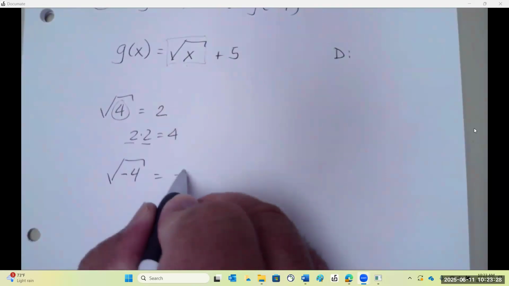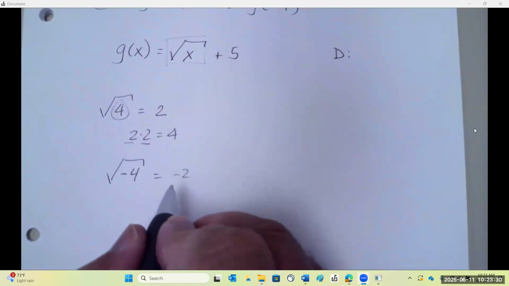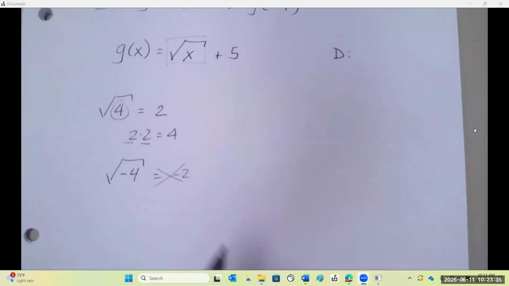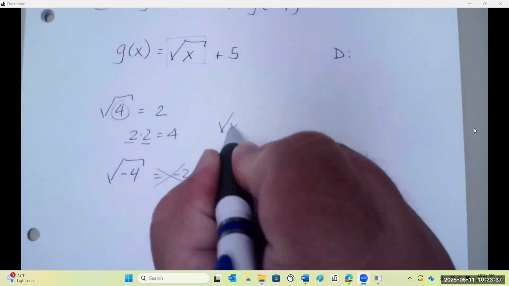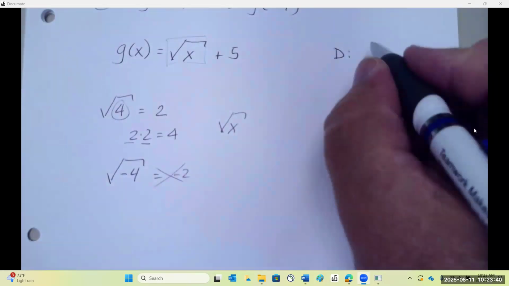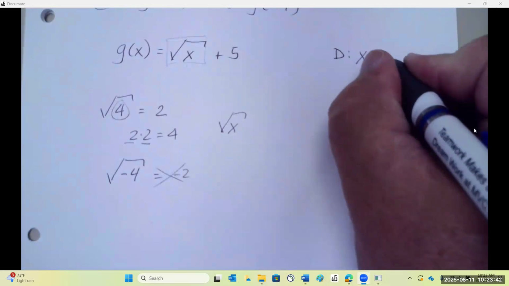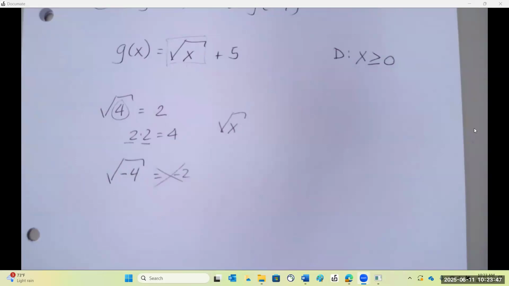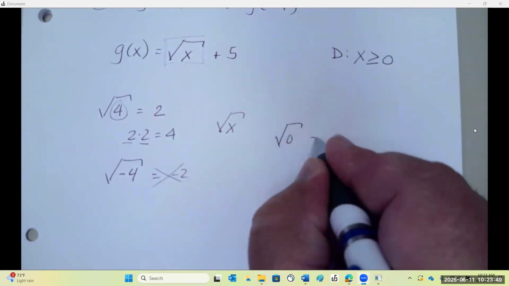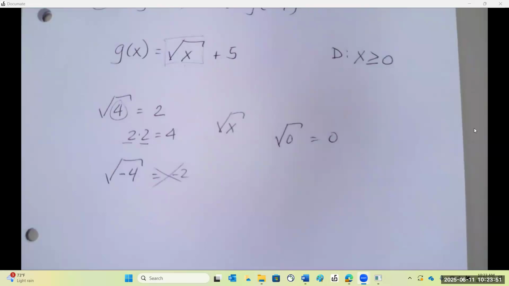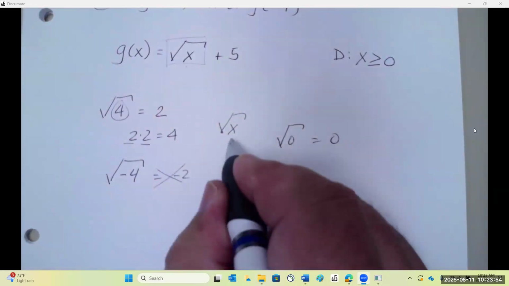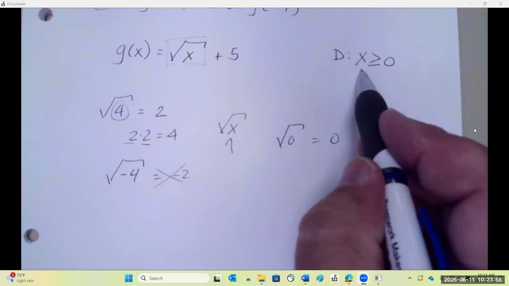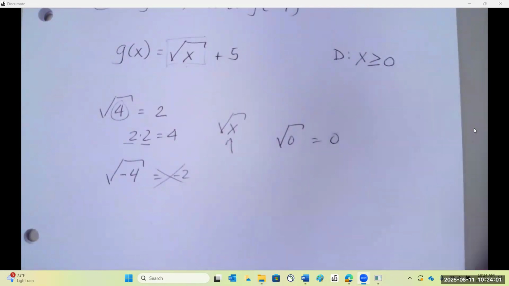You can't say negative 2, because negative 2 times negative 2 is positive 4. So, with square roots, the domain is x has to be greater than or equal to 0. You can take the square root of 0, that's 0. But you cannot have a negative inside there. So the domain is all x's have to be 0 or greater.